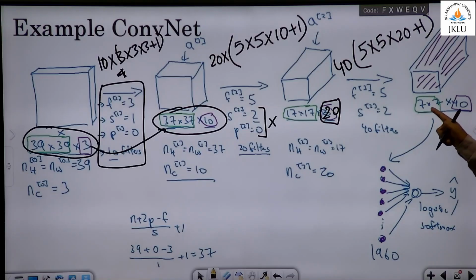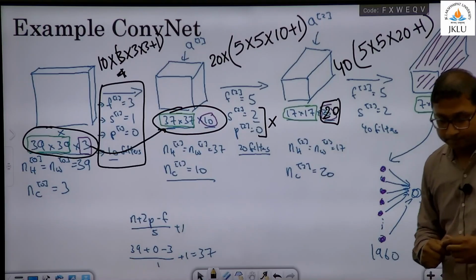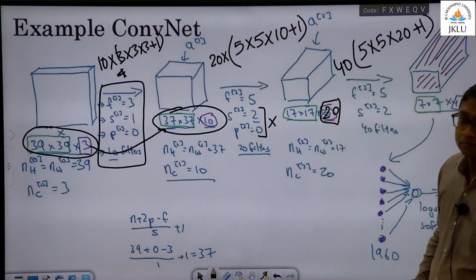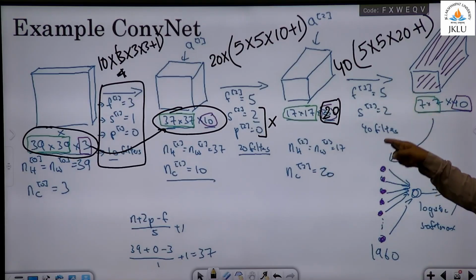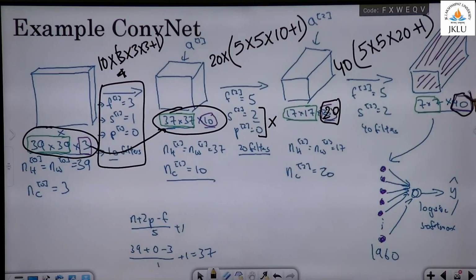So how do you get this 7 cross 7 cross 40? Same formula, okay? Same formula, apply this and done. Why this 40? Because 40 filters.